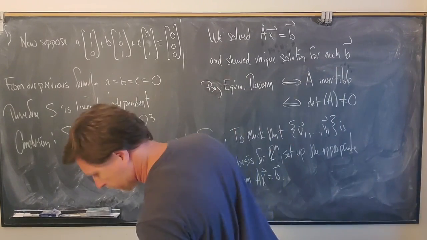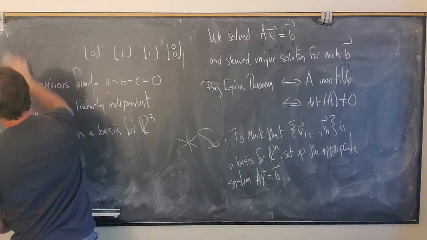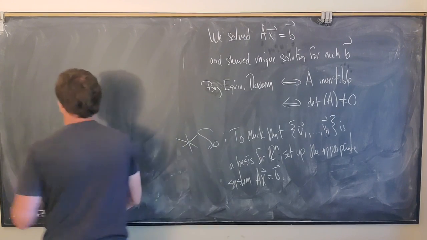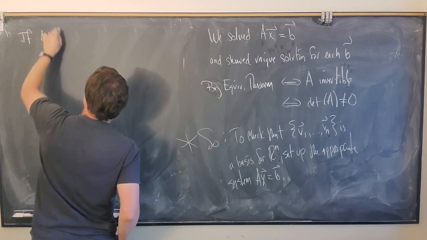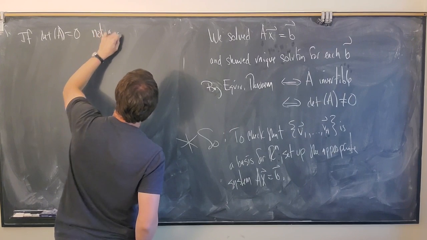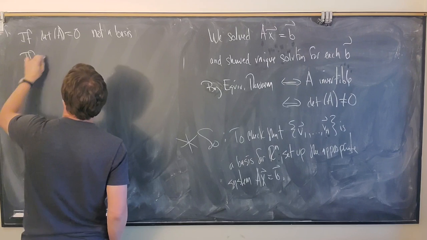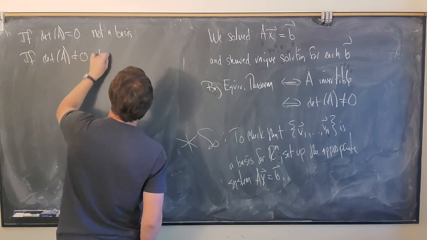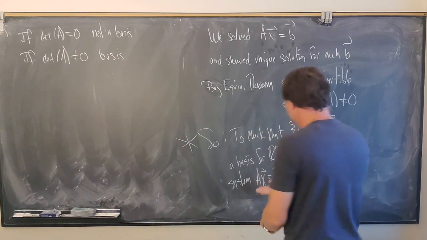How does this go? If the determinant of A is equal to 0, then it's not a basis. If the determinant of A is non-zero, then we have a basis. And notice, you don't need to set up this system.